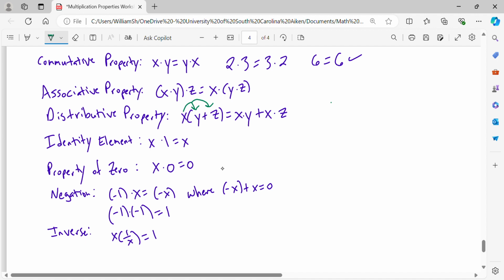You also have your negation factor to worry about with multiplication. Okay, if you multiply something by a negative number, or a negative in general, here I'm just multiplying by negative 1, it turns that number negative. So negative 1 times x is just negative x, where negative x plus x gives us a 0. So if you multiply anything times a negative 1, it gives you the negative factor of that number.